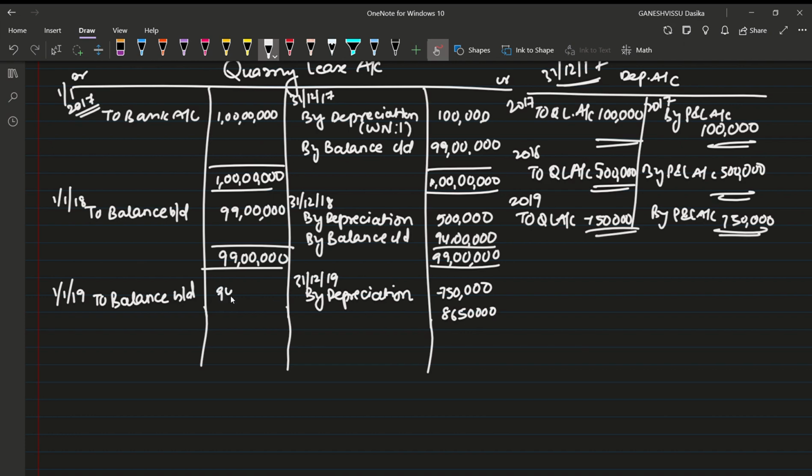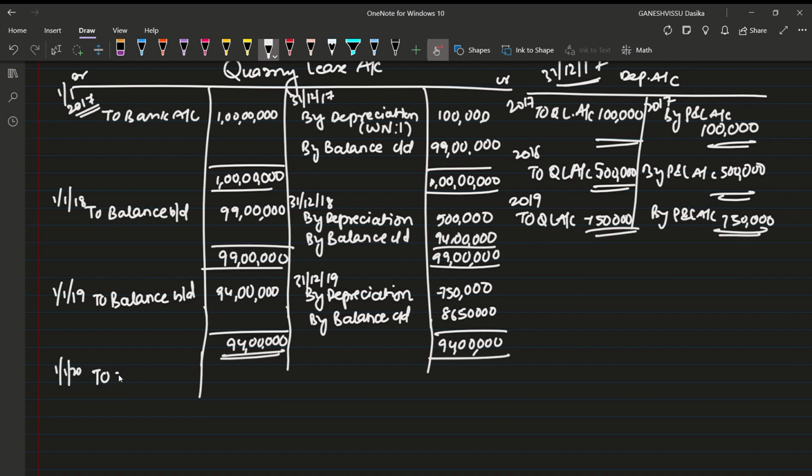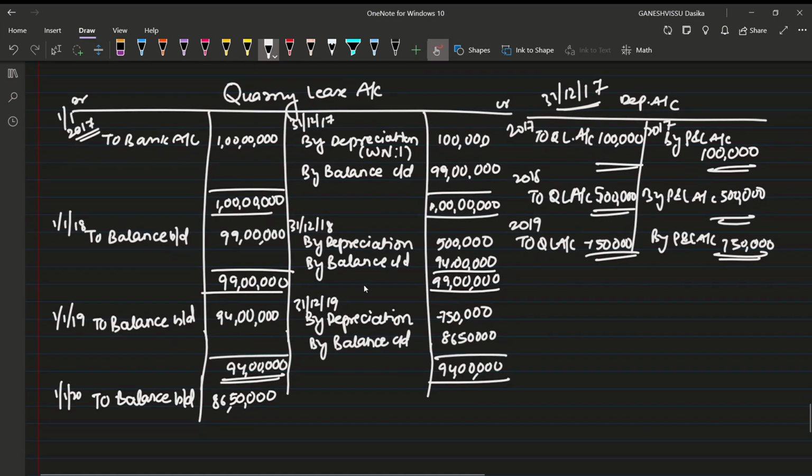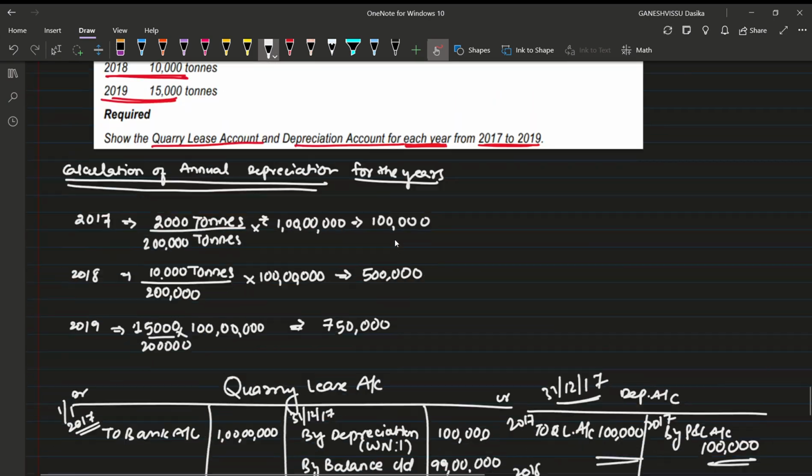Total of 94 lakhs, and by balance carried down. On the next year, to balance brought down 86 lakhs 50,000, we need to mention this, and we shall close the account. The quarry lease account has been completed.